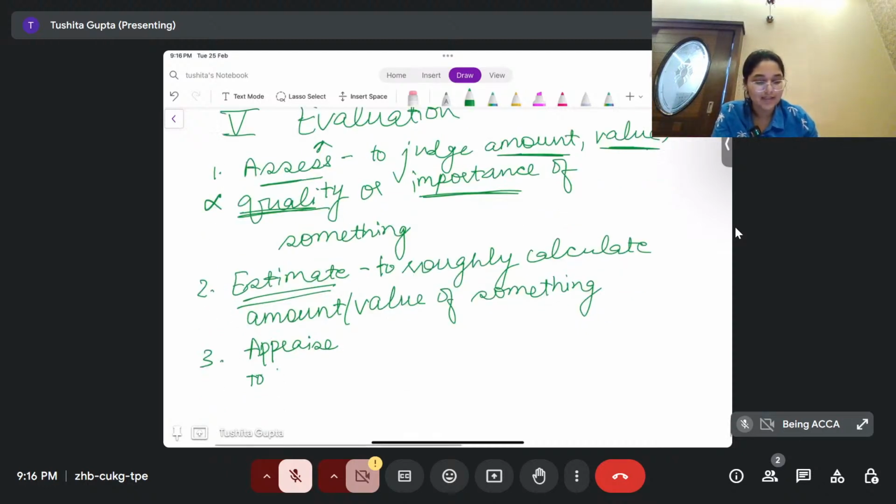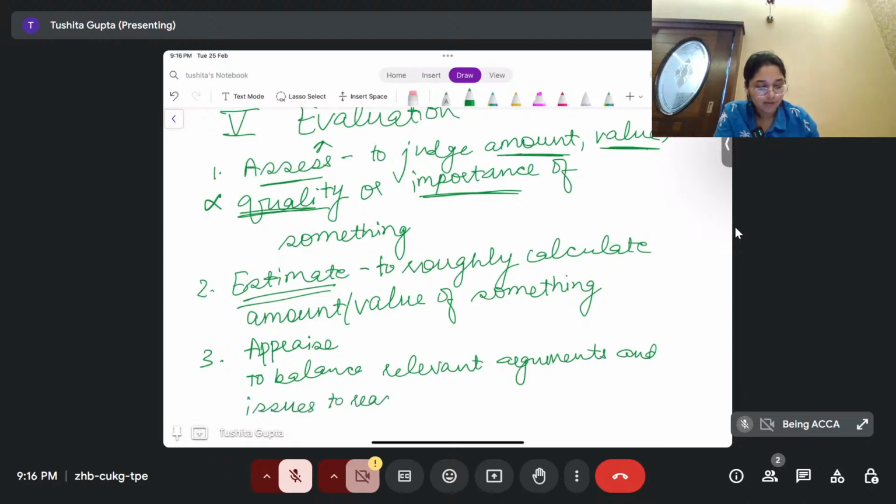To balance relevant arguments and issues to reach an informed decision.